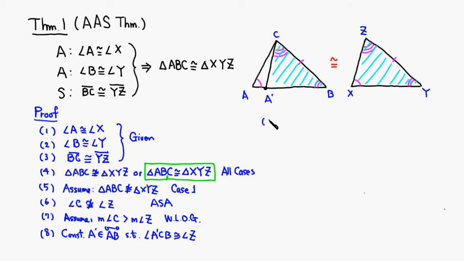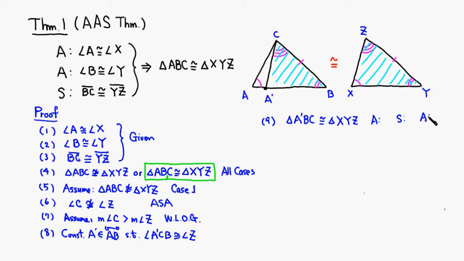Line number 9, we know that triangle A prime BC is congruent to triangle XYZ. This is by angle, side, and angle.